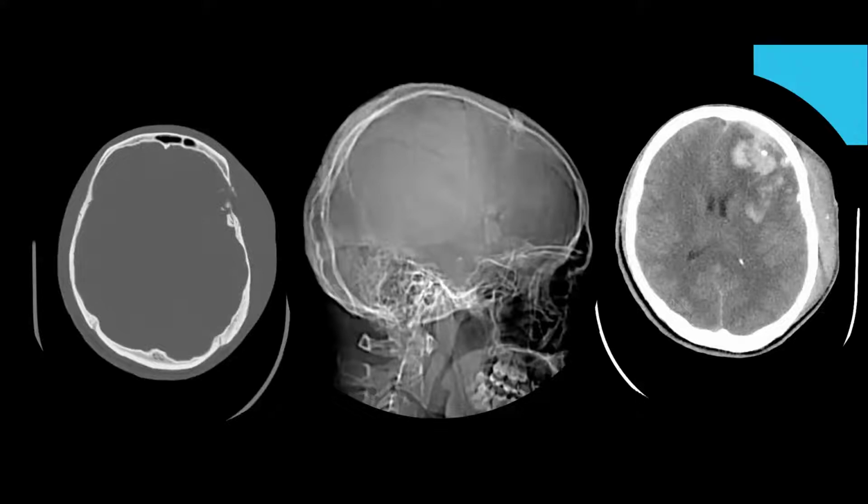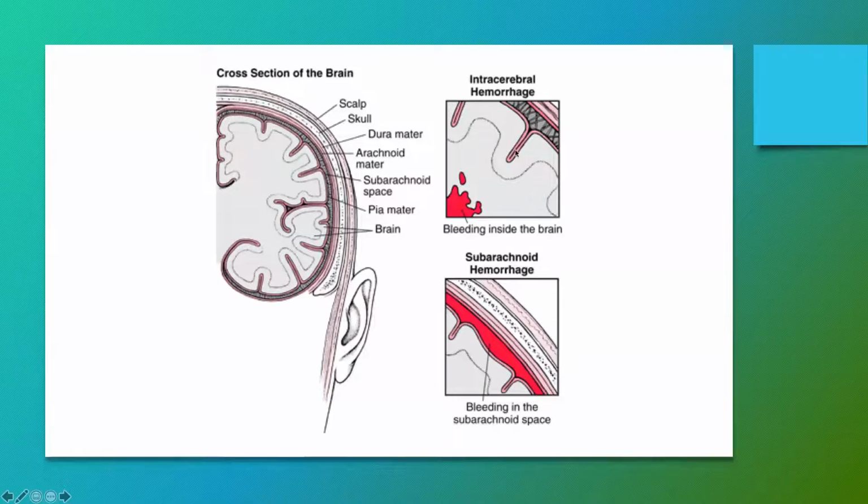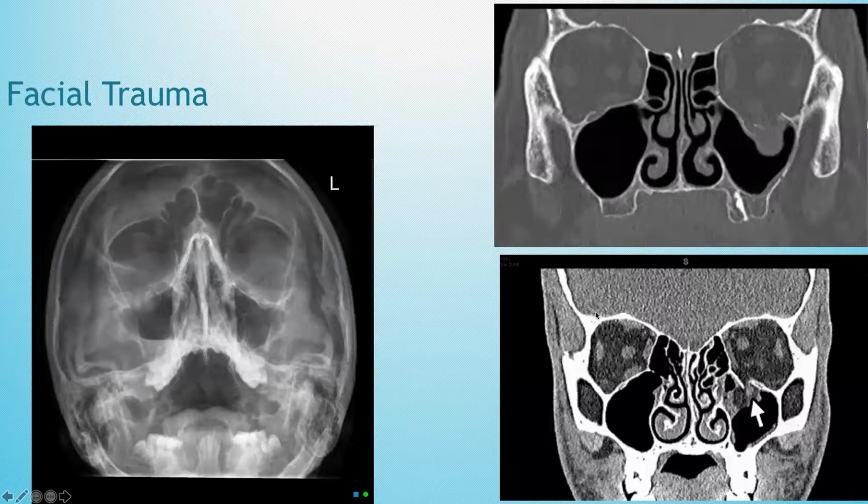Because doing the skull X-ray is just adding radiation, wasting time going to and from X-ray, and then, as I say, if something serious has happened to them, they're going to need a CT. So just a little reminder of your dural anatomy.